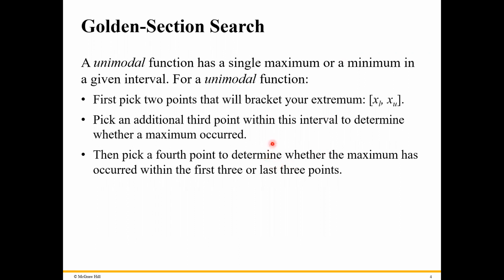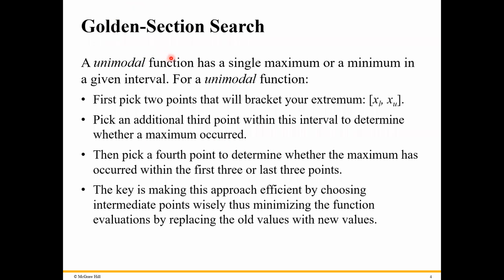We will determine the interval in such a way. So in this method, we pick an additional third point within this interval to determine whether a maximum occurs. To ensure whether the maximum, or in another case the minimum, occurs in the first 3 points or the last 3 points, we will follow a certain procedure, which will give rise to the emergence of the golden ratio.